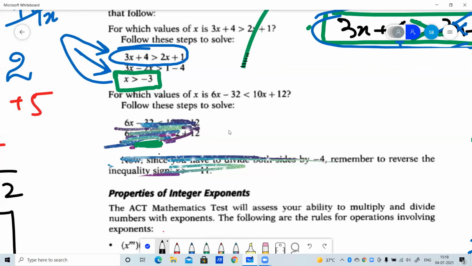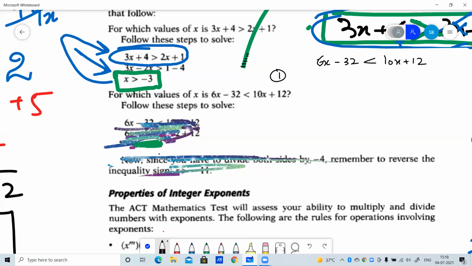6x minus 32 is less than 10x plus 12. So I'll write it here. 6x minus 32 is less than 10x plus 12. So what is the first step which I told you? Keep all the variables on one side, isn't it? Mm-hmm. So where are the variables? 6x is on the left and 10x is on the right.